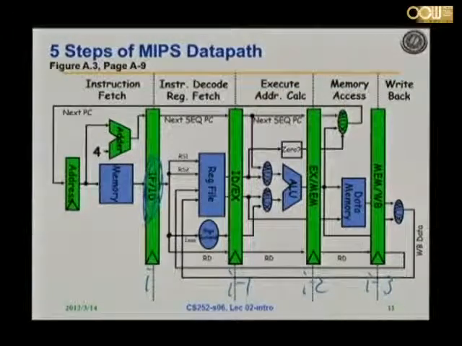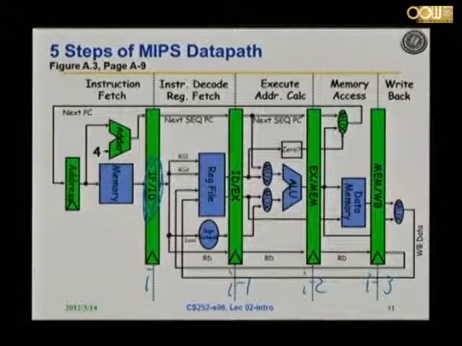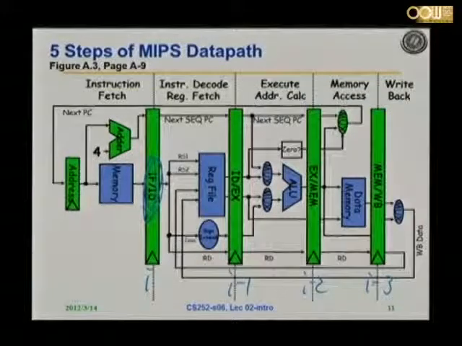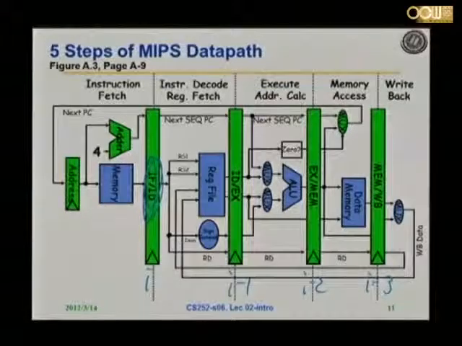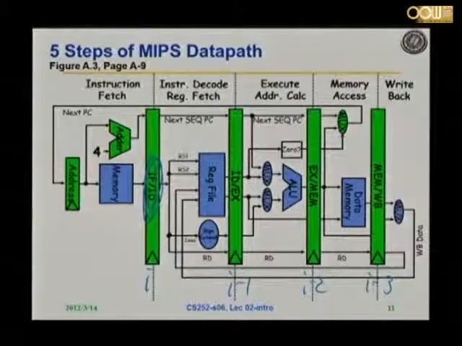So this is the control signal for instruction I minus 1, I minus 2, and I minus 3. Minus more means this instruction is older. So a pipeline design would be like this.